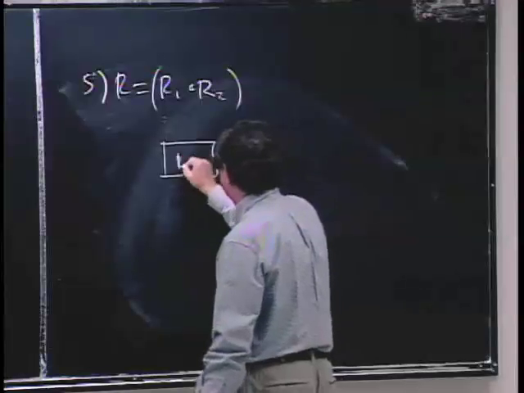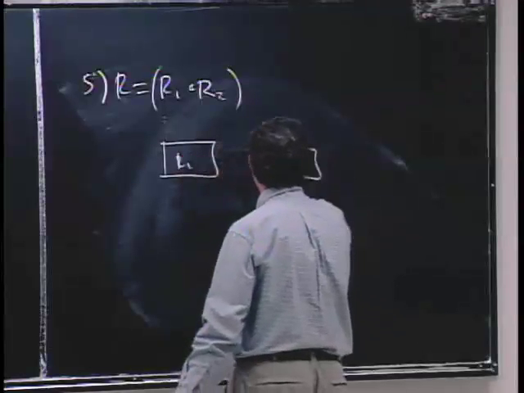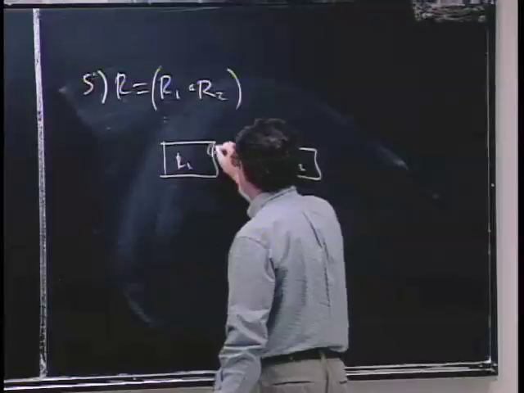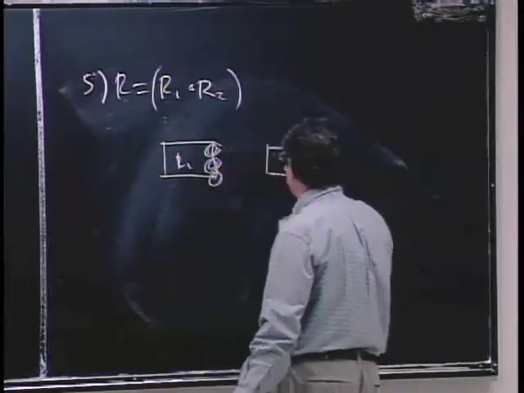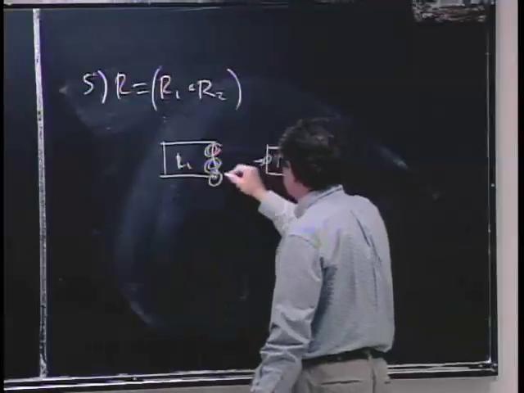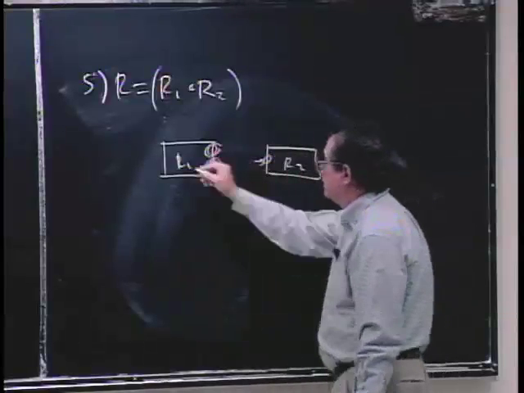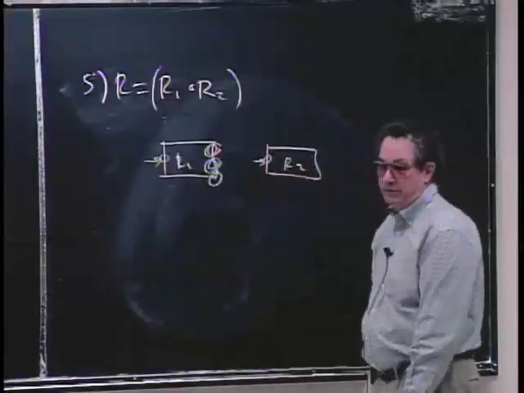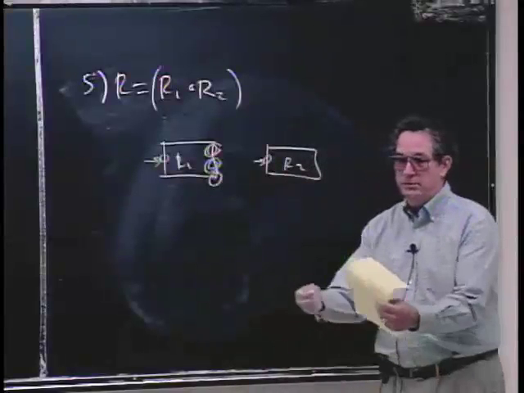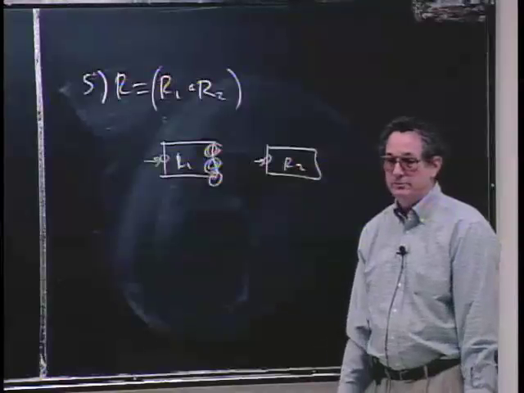So here you have the NFA for R1, here you have the NFA for R2. Here were the accept states for R1. Here was the start state. And here was the start state for R2. What do you do? How do you tie these two NFAs together?